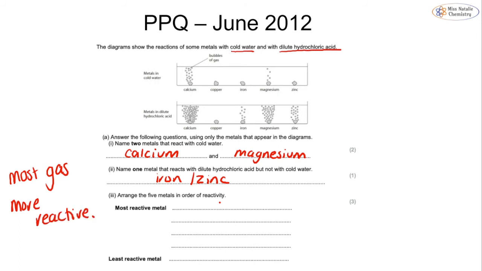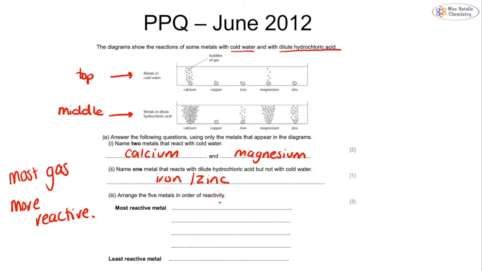So if we have two that react with cold water, we know that they must be near the top of the reactivity series. These ones are going to be at the top, whereas the acid ones are going to be in the middle.